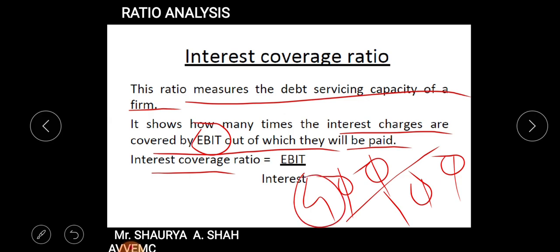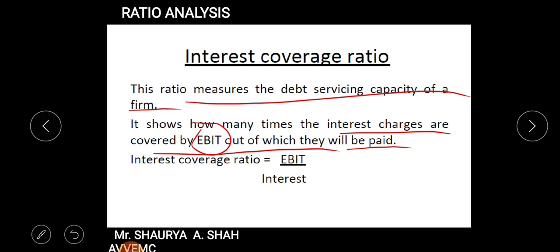The higher the interest coverage ratio, the better the position of the business, because your interest is covered by the profit very well. Is it clear, everyone? Fine. So what is your interest coverage ratio? Once again, EBIT divided by interest.